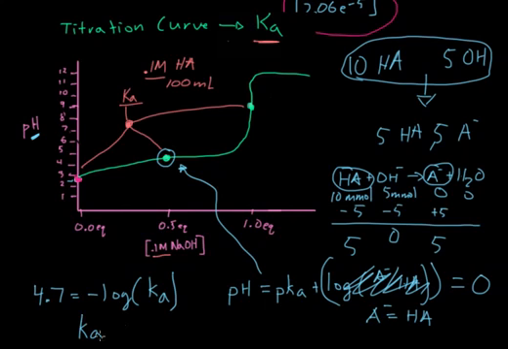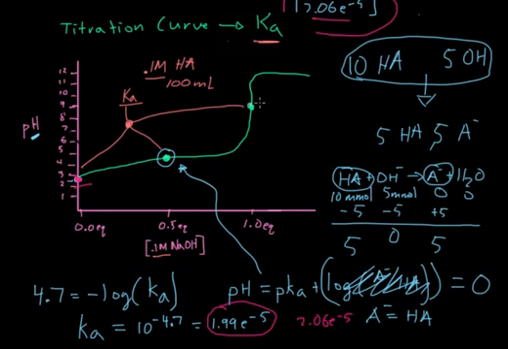Hence Ka is going to equal 10 to the negative 4.7. And this equals, after you plug it in, 1.99 times 10 to the negative fifth. And if you remember our previous value was 2.06 times 10 to the negative fifth, which came from here. And these are pretty close to each other, so we are on the right track.